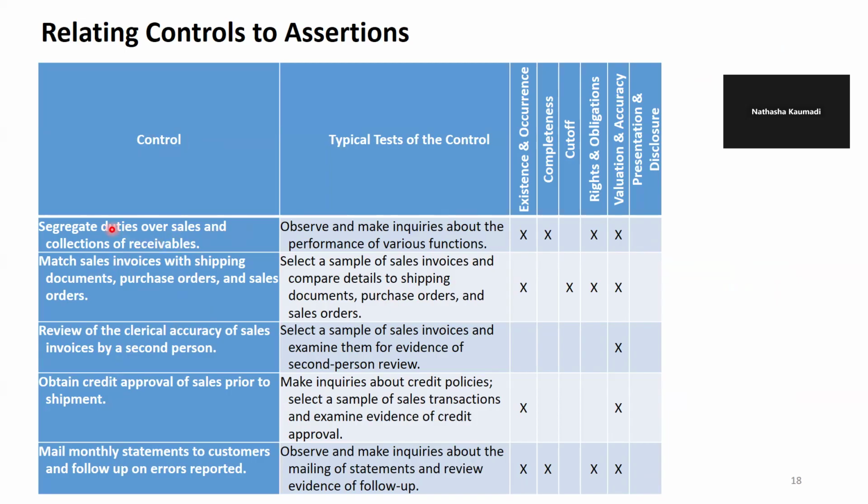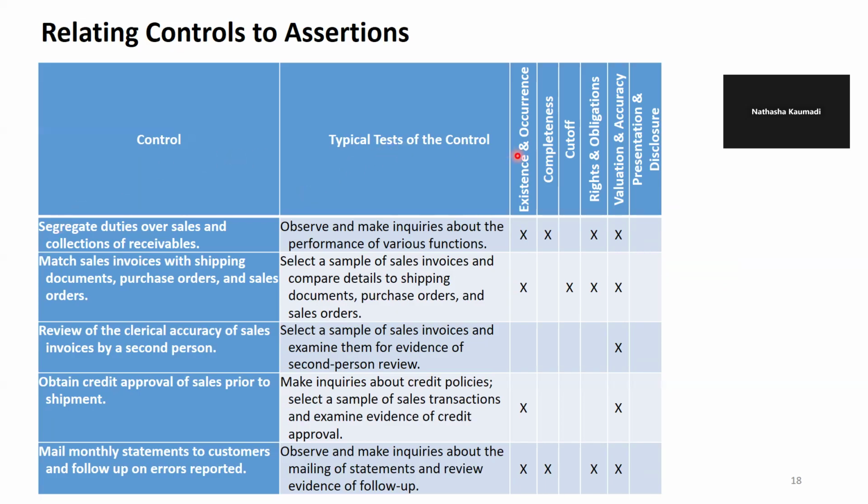That means you have to have two or more people in the process of recording the sales, or taking the customer orders and then finalizing the customer order, contacting the warehouse and then issuing the goods, and the collection of receivables and the cash receipt process, finalizing the invoice and getting the cash. So during that process, you need to have multiple personnel. That means more than one person. You segregate, you allocate different small tasks to different people.